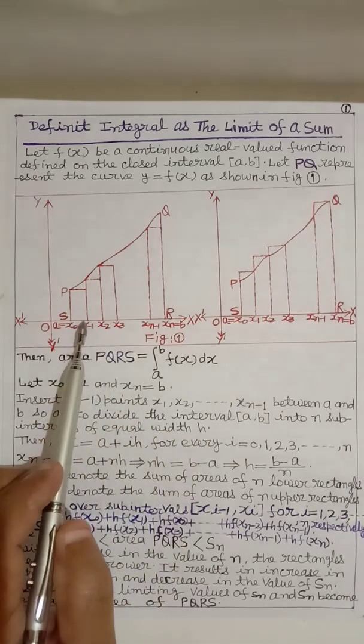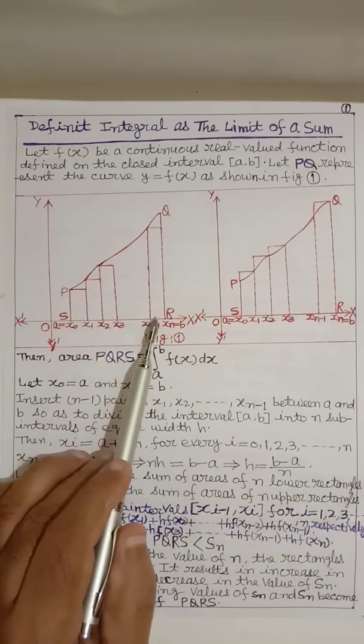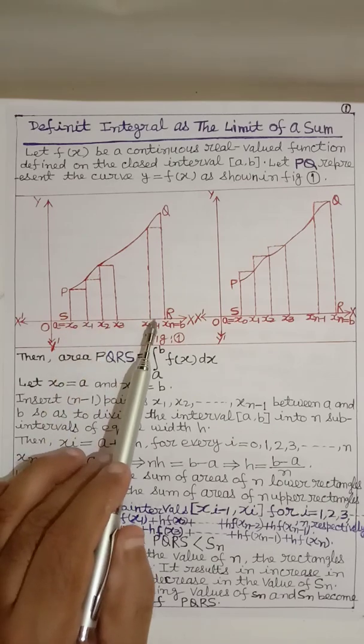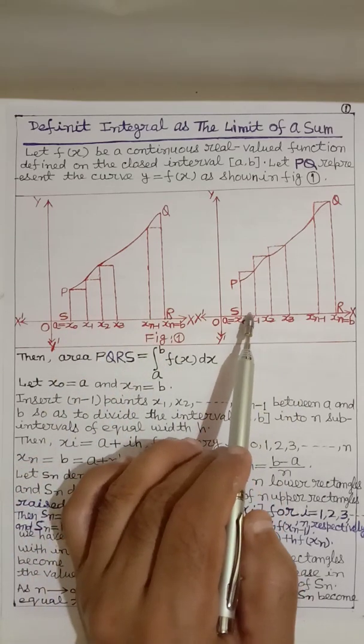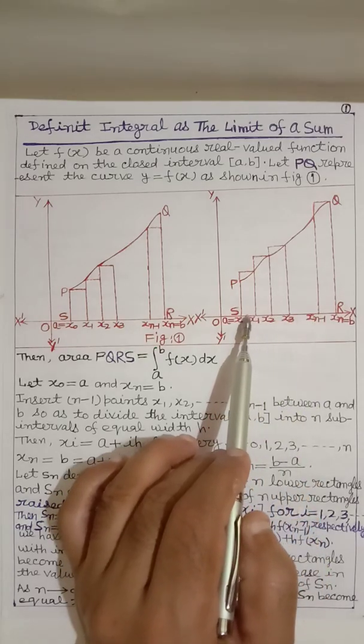Here the width of each rectangle is equal to h, meaning they have the same width. Here also in this figure each rectangle has the same width, that is h.